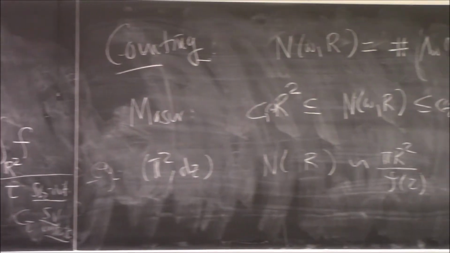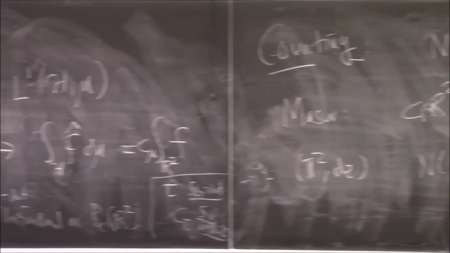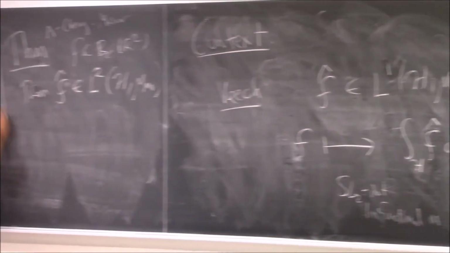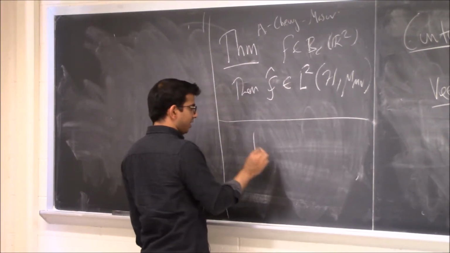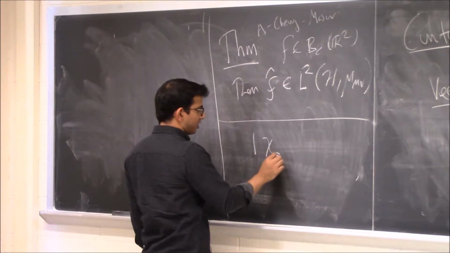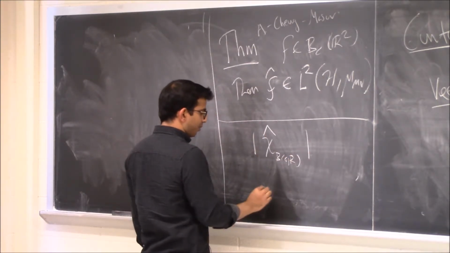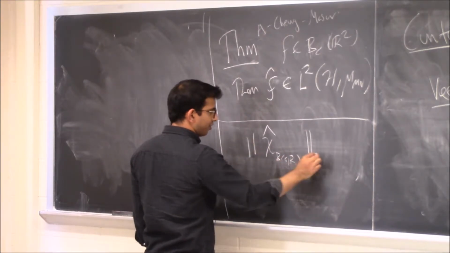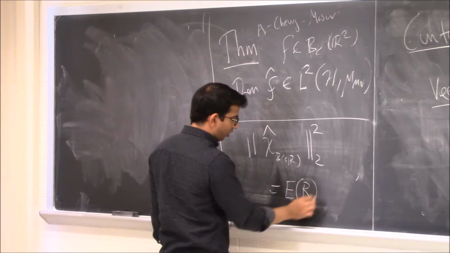Okay, so just broadly speaking, suppose the L2 norm squared of the ball of radius r, chi hat, was equal to some function E of r.